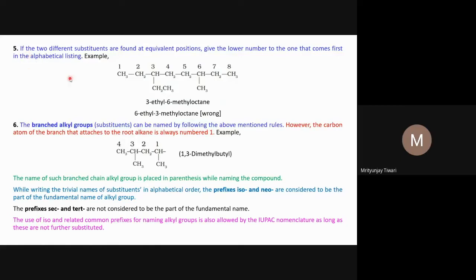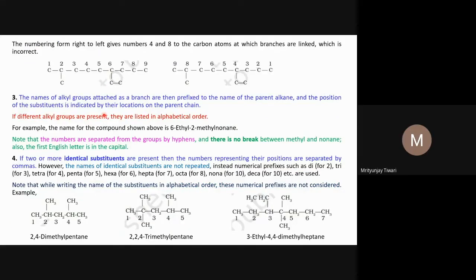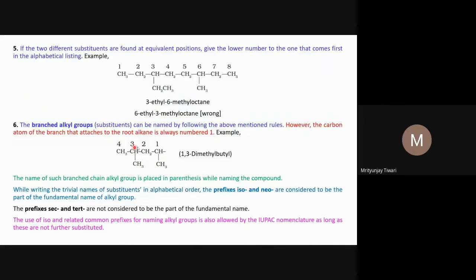So this rule number 5: if two different substituents are found at equivalent positions, give the lower number to the one that comes first in the alphabetical listing. What does it mean? In this compound, if you go in this direction, the ethyl group will get the third position and the methyl group the sixth position. If we follow the other direction, the methyl group is at the third position and the ethyl group at the sixth position.